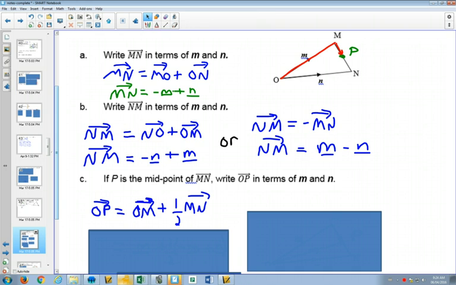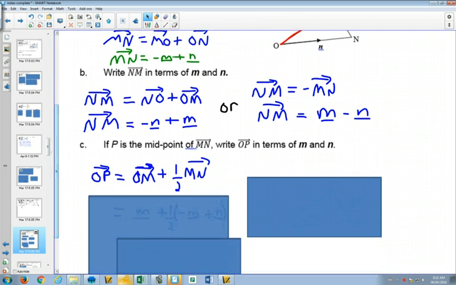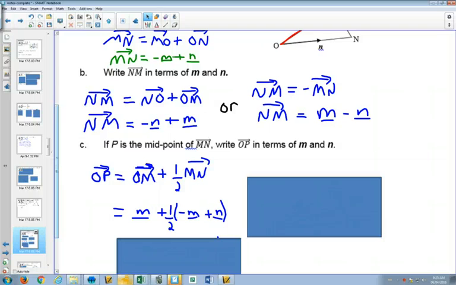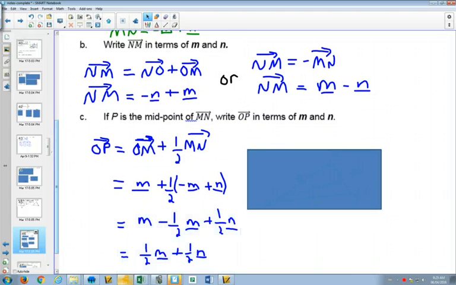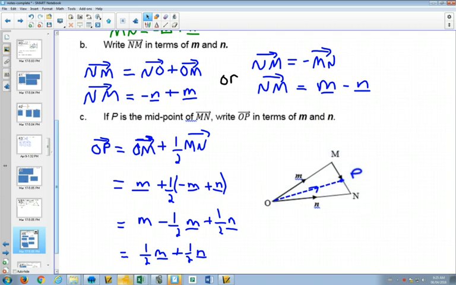Now as far as that idea, well, we already know that m to n was minus m plus n, because we figured that out in part A. And with those vectors, if we combine our like terms, it says go half in the direction m and half in the direction n. And that will get you from O to P.